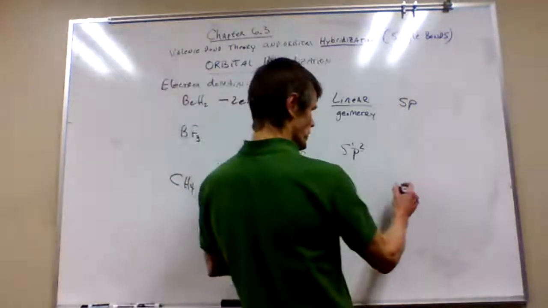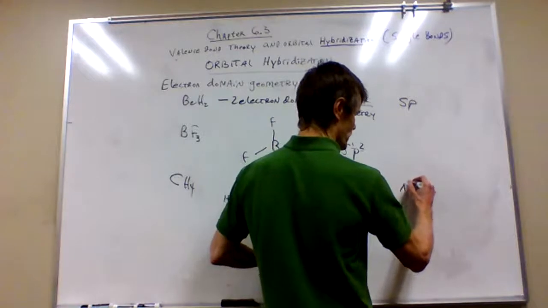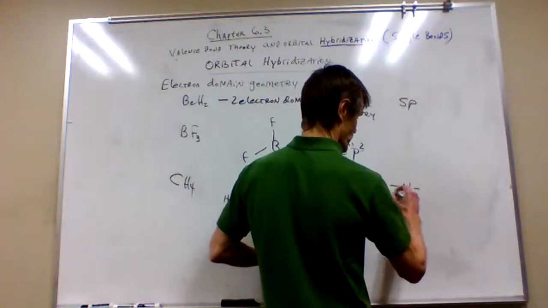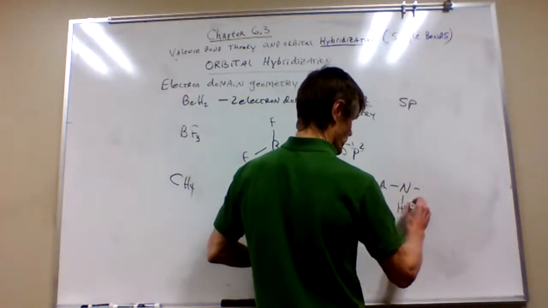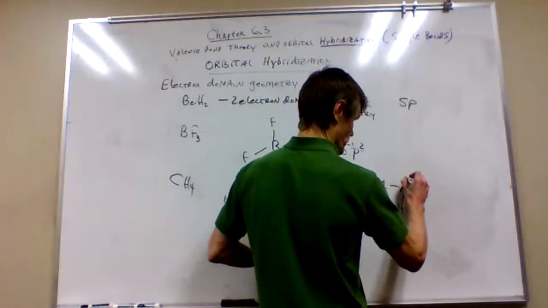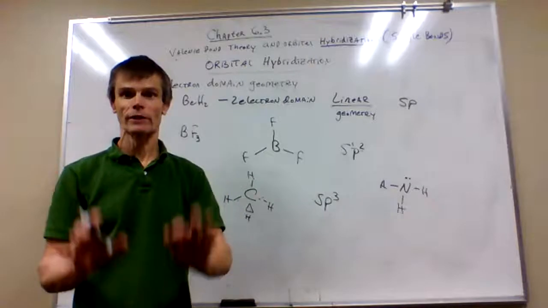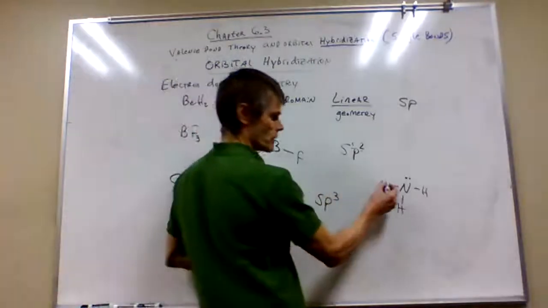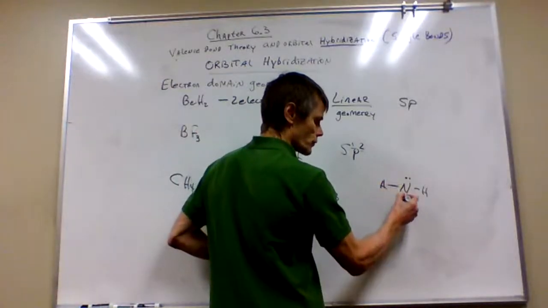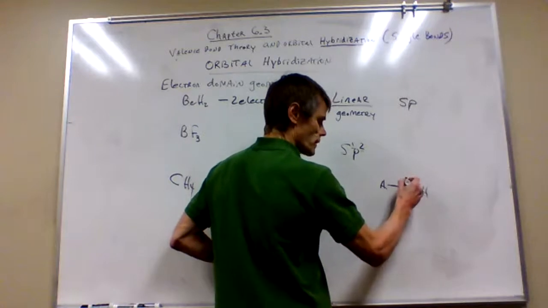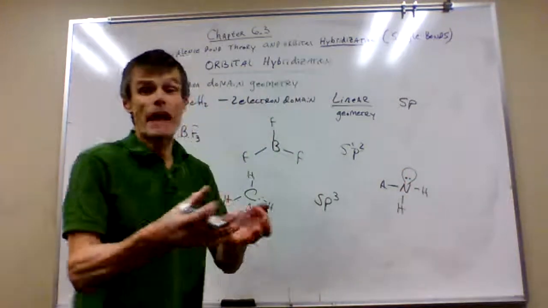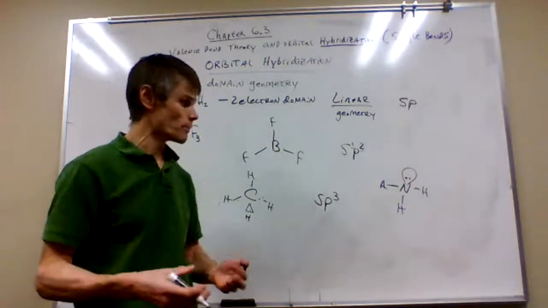Let's look at ammonia, NH3. Ammonia needs 4 equivalent regions about itself. 4 equivalent. 3 of them are bonded to hydrogen. This lone pair of electrons has to be in an equivalent orbital.